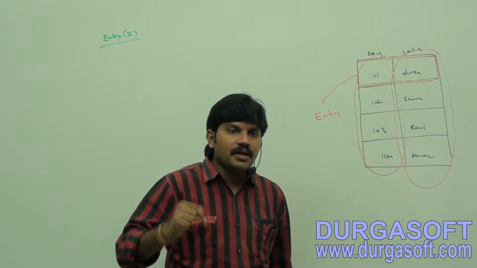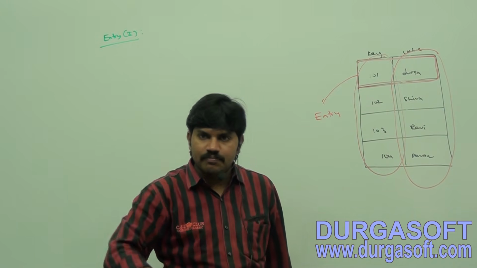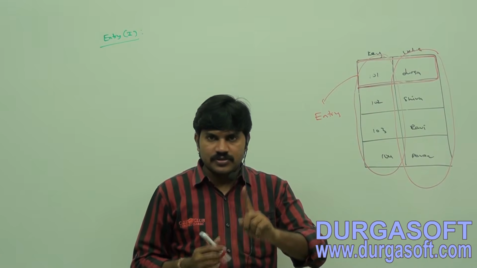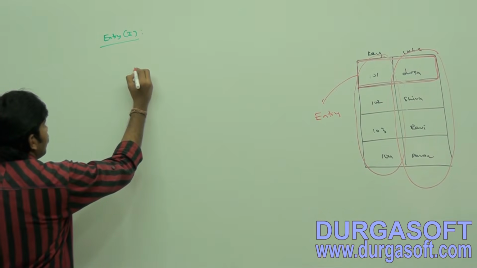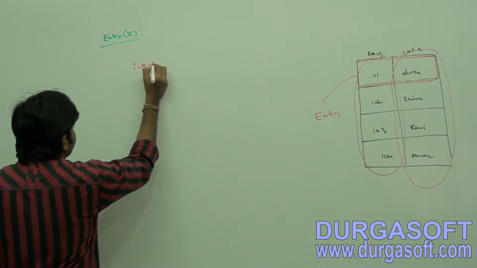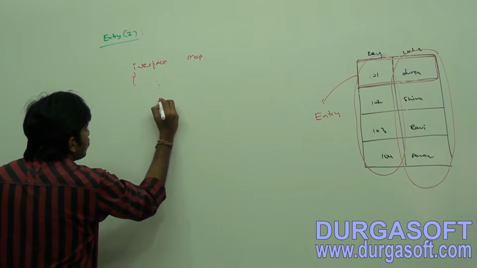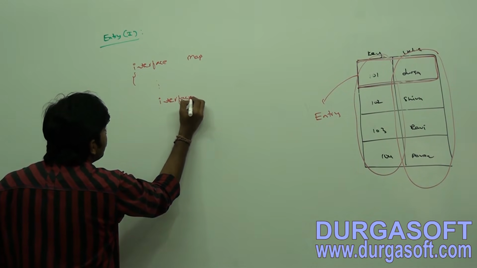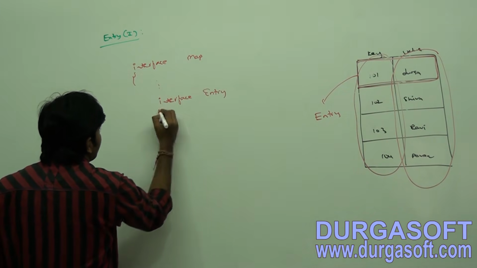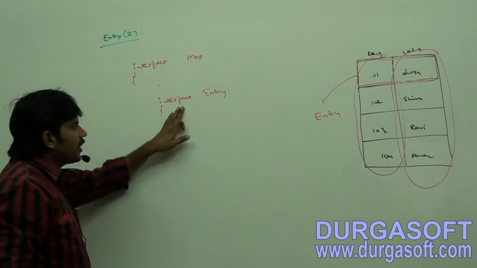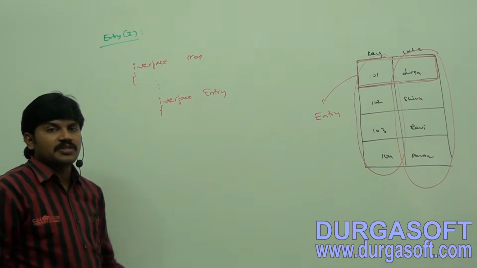That's why the Entry interface is defined inside the Map interface only: interface Map, within that interface Entry, the inner interface concept. Now within the Entry interface, take very special care.